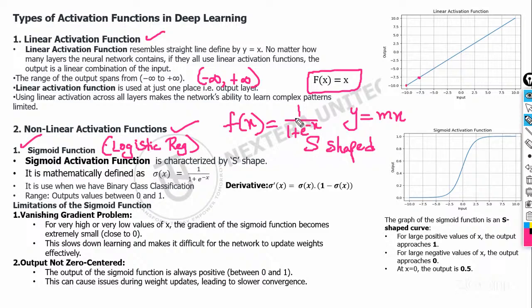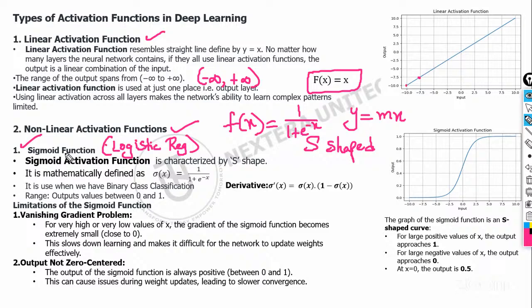Akhil, I am able to recollect logistic regression because this is the formula that we have used. Yes, exactly. Since we are using an exponential in the formula, we have a challenge in using the sigmoid function.